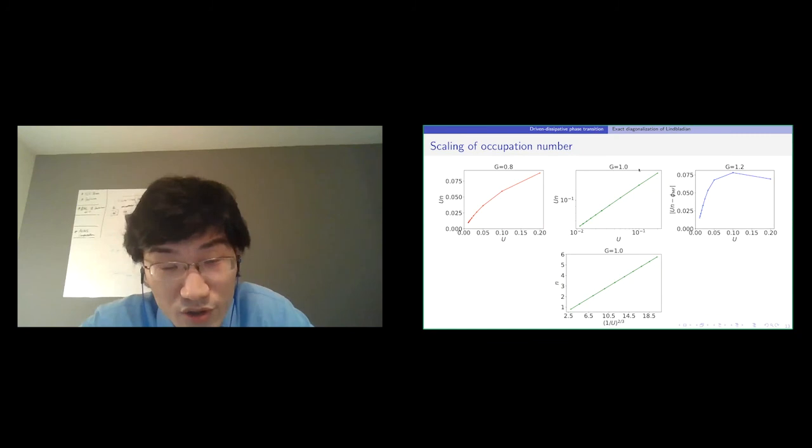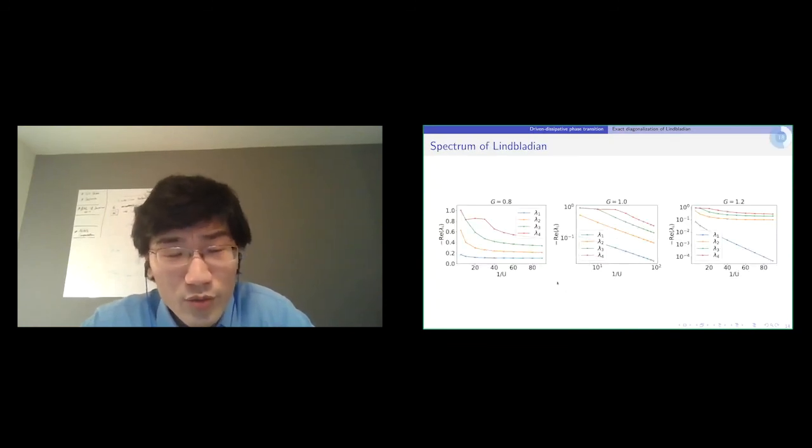One interesting thing is that at the critical point, there's a very nice power law scaling between the order parameter and U. I will show you later exactly how we can calculate this exponent. You can show that this exponent is exactly 2 over 3.